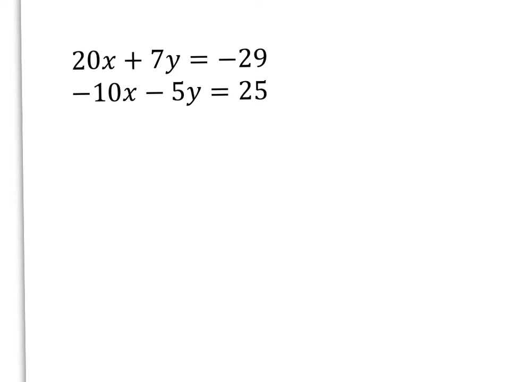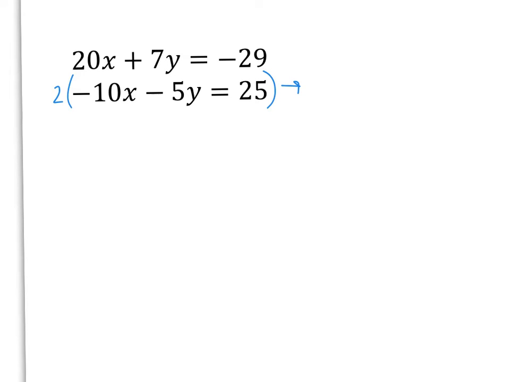So I would have to change both equations, and that requires a little bit more work, so let's just do the least amount of steps possible. So let's change the negative 10 into a negative 20 so that they have the same coefficient. I'm going to take this whole equation and multiply it by 2.